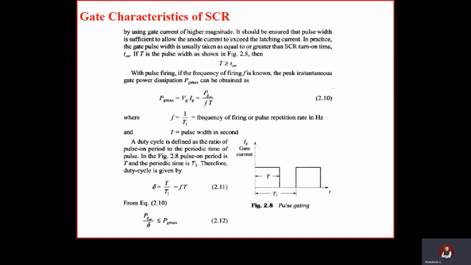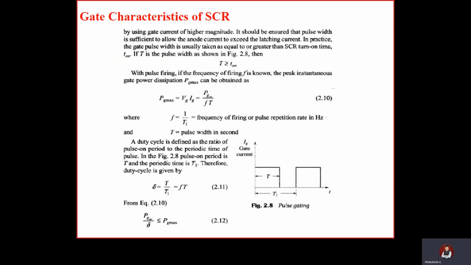By using a gate current of higher magnitude, it should be ensured that the pulse width, which is directly copied from the textbook as it is, is sufficient to allow the anode current to exceed the latching current. What is the purpose of D1, D2, D3? It's been explained here.